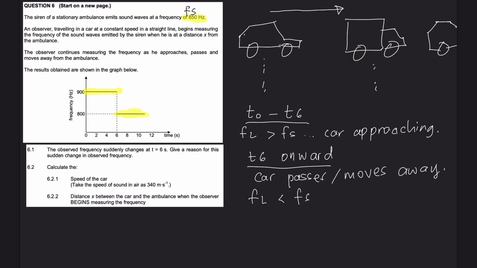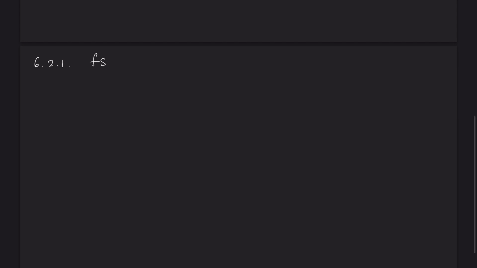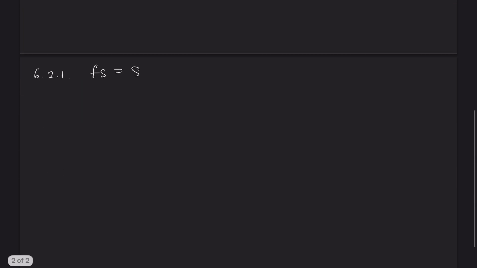Okay, so let's write down the information that we know. So question 6.2.1. We know the frequency of the source is 850 Hz. We also know the frequency that is heard if we're using the approaching values.